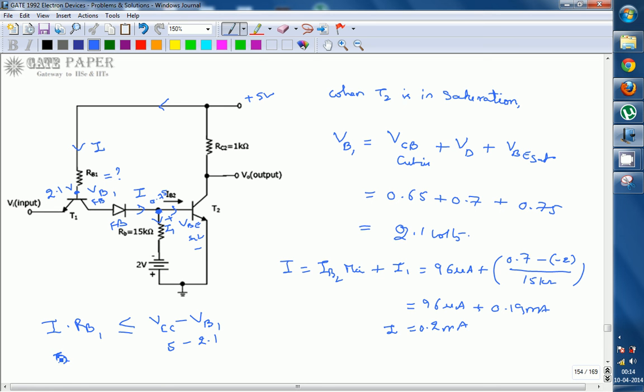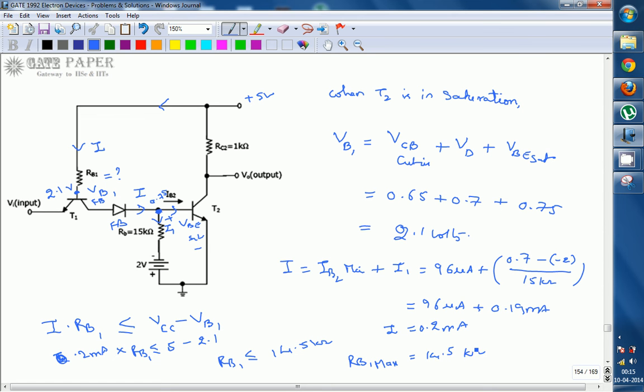So 0.2 milliamperes multiplied by RB1 should be less than or equal to 5 minus 2.1, that is 2.9. From this you will get RB1 should be less than or equal to 14.5 kilo ohms. So RB1 maximum is equal to 14.5 kilo ohms.